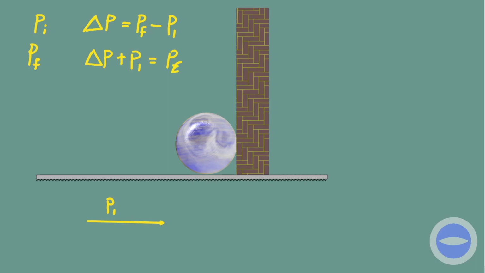And then when we draw a vector diagram, we use the head to tail method of addition. So now we have to show change in momentum, because this ball, after it hit this wall, takes the opposite direction. So when we draw change in momentum, it's going to start at the head of the initial momentum. Then change in momentum is taking this direction.